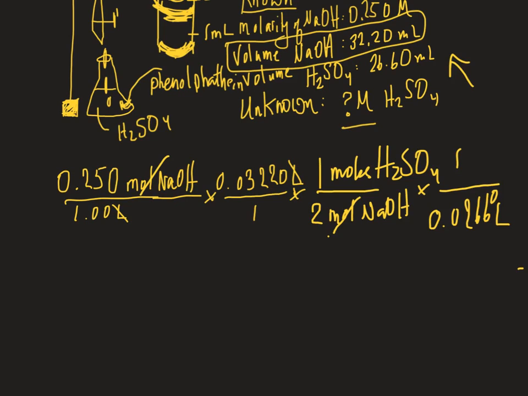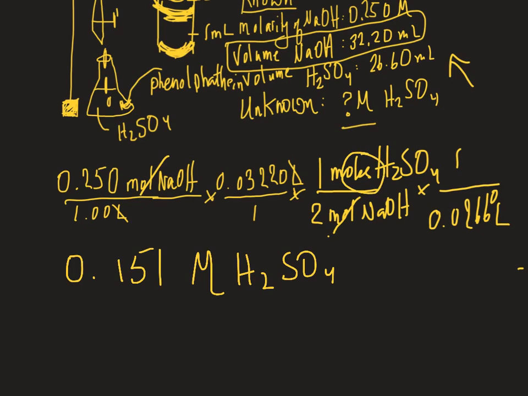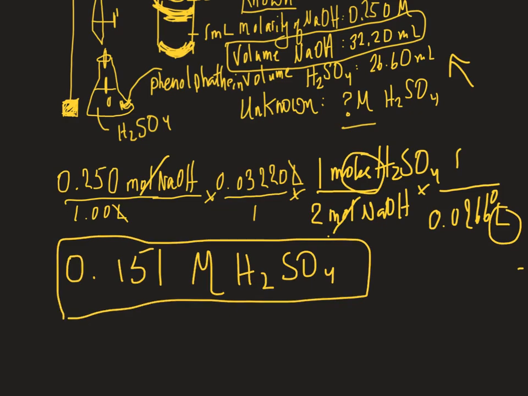When I do this math, I end up with 0.151 molar H2SO4, because the moles per liter is better represented in the answer as molar, because I was asked to determine the concentration of the acid below.